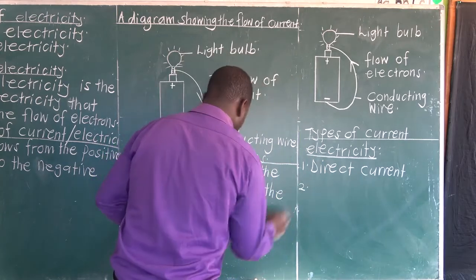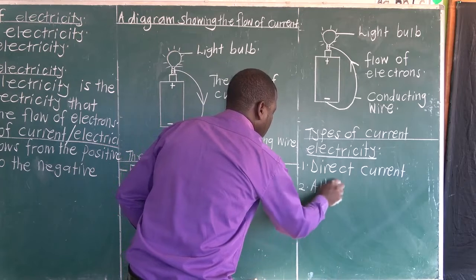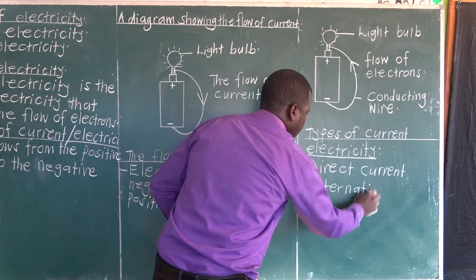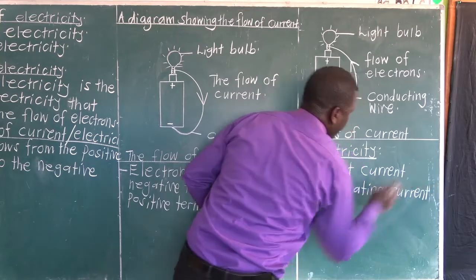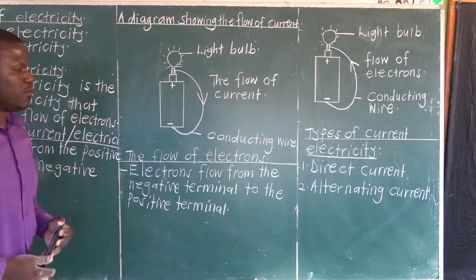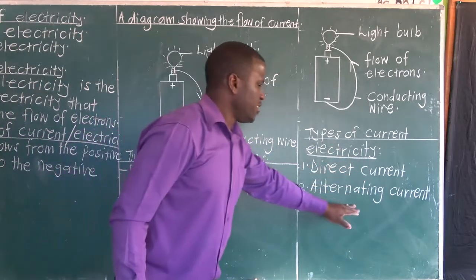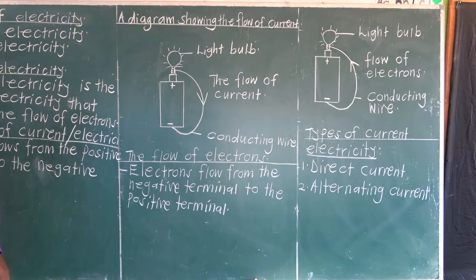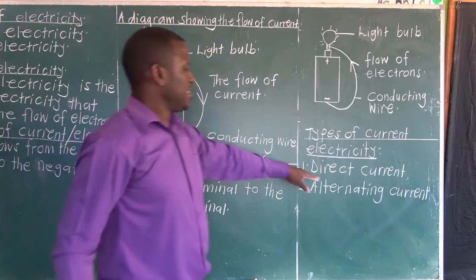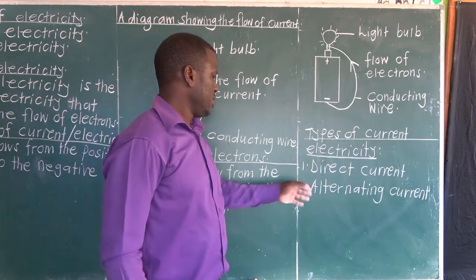Then number two, we have alternating current. As simple as that. Those are the two types of current electricity. After that, we shall also look at what direct current electricity is and what alternating current electricity is.